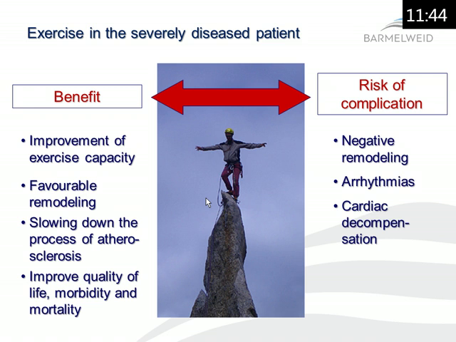It is not doing any harm, so it's important to start early. We know the effects at long term on slowing down of atherosclerosis, and we know also that exercise improves quality of life, morbidity and mortality in the setting of cardiac rehabilitation, once again, which is multidisciplinary.